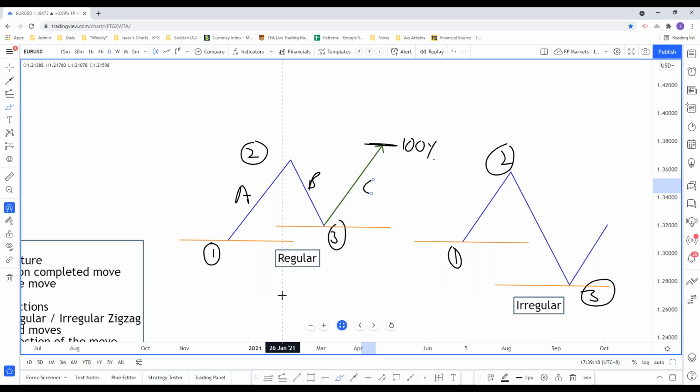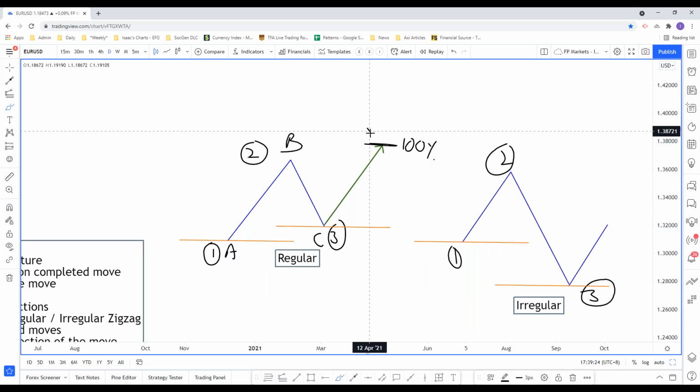Otherwise, the other naming convention can be A to B to C to D, then people will say this is Fibonacci expansion where we have AB equals CD. It's really just naming convention.